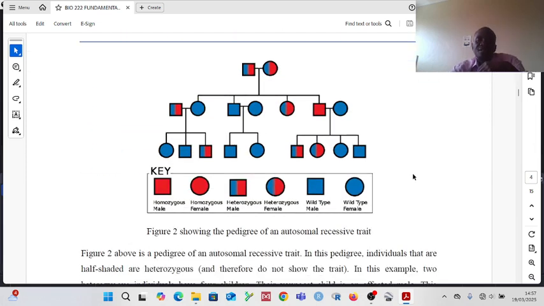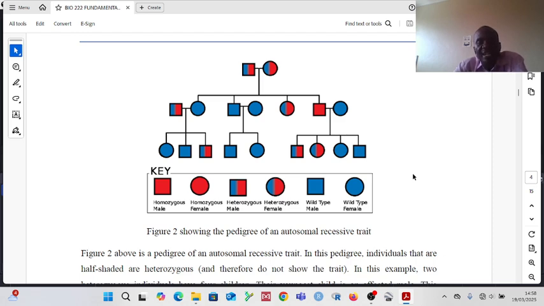But now, this is figure 2 on page 4. In figure 2, we are showing a pedigree of an autosomal recessive trait. The difference between figure 2 and figure 1, while both of them are pedigrees, is that in figure 2 the individuals are half-shaded.